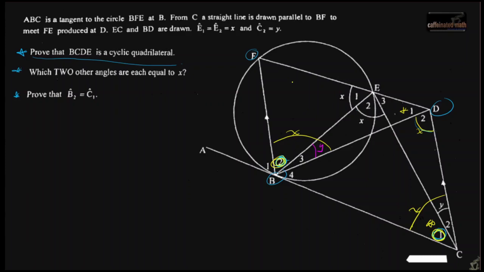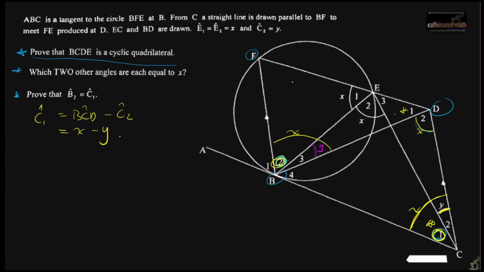Rightio. So what does that entail? Well, we'll say that angle C1 is equal to angle BCD minus angle C2. So C1 over there is just a big angle minus that small angle. Rightio. So that's plain to see, which is why we don't need any reason. So that's just x minus y.